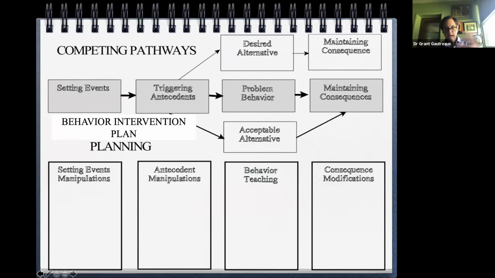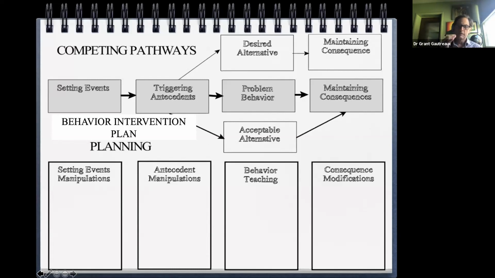In the pathway, once we've determined where the problem appears to be lodged, then we can go back and design an intervention plan that will match where those problems are. What we want to make sure we're not doing is simply having an intervention in all of these different pathways, because it might not be necessary.